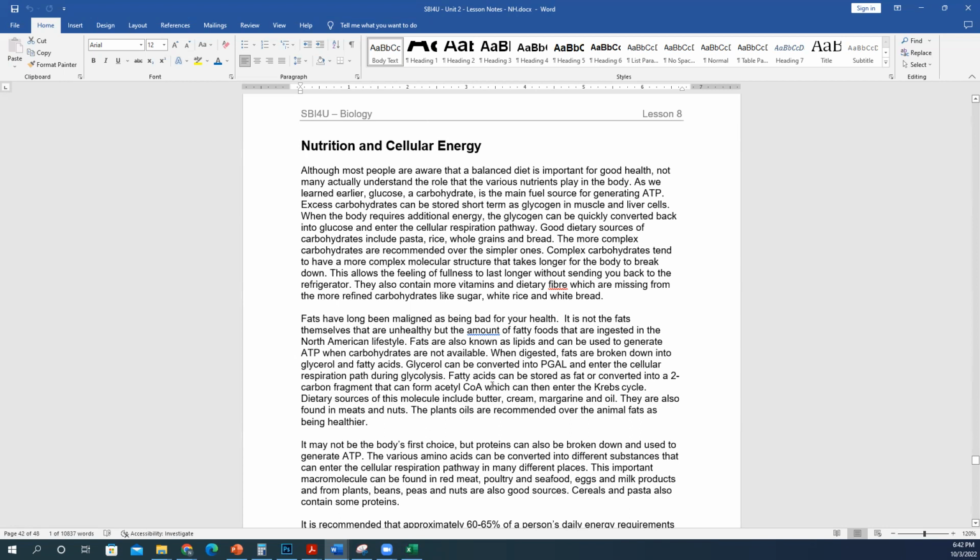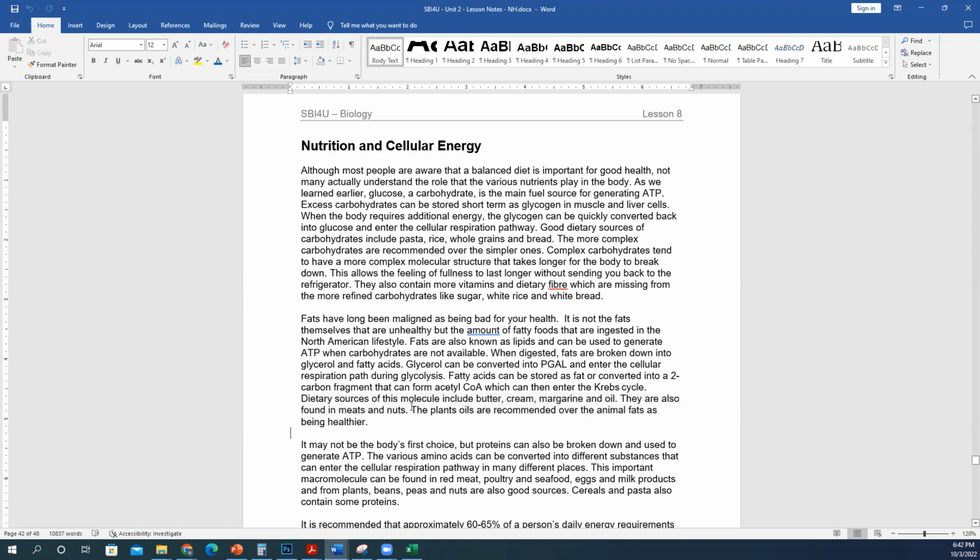acetyl-CoA. Lipids include such things that we can eat as butter or cream or margarine or various oils. Also, they are very much present as the fat that is found in meats and in nuts.